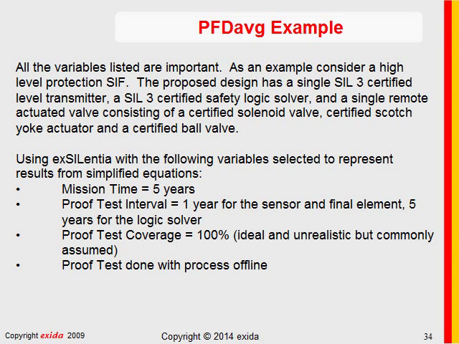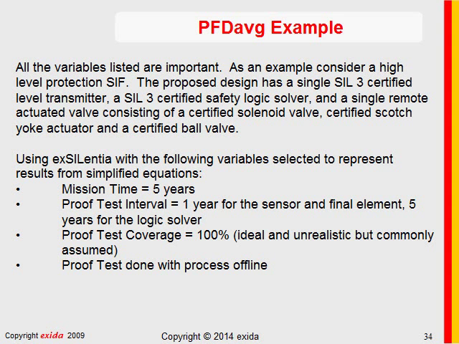We're going to assume a proof test coverage of 100%, which is, of course, ideal and unrealistic, but commonly used and hidden, so people don't even know they're assuming that even in some commercially available SIL verification tools. And we'll assume the proof test is done with the process offline.